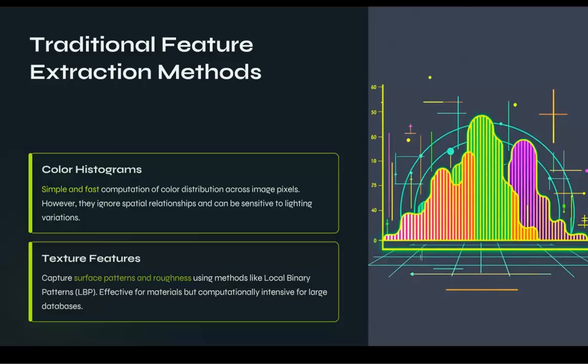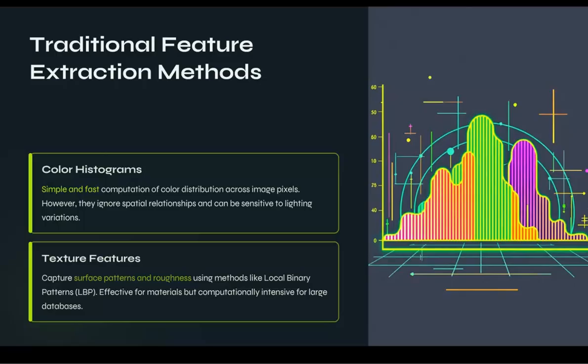Texture features such as local binary patterns or gray level co-occurrence matrices capture roughness. These can be highly discriminative for materials like fabrics, but they are computationally more expensive.